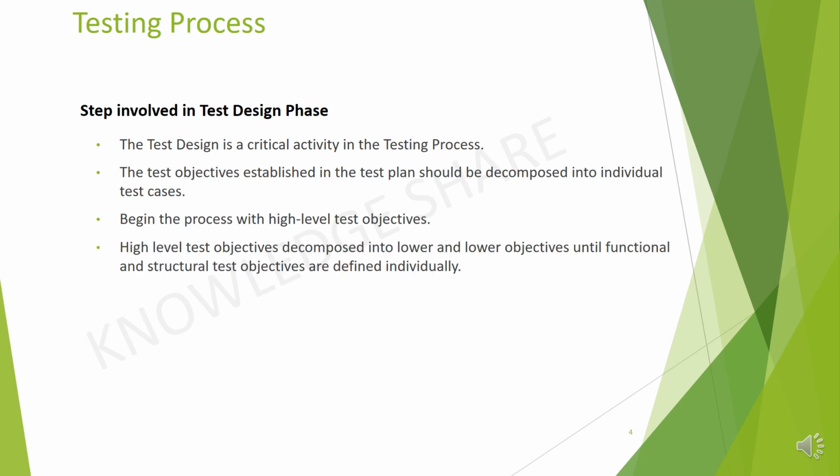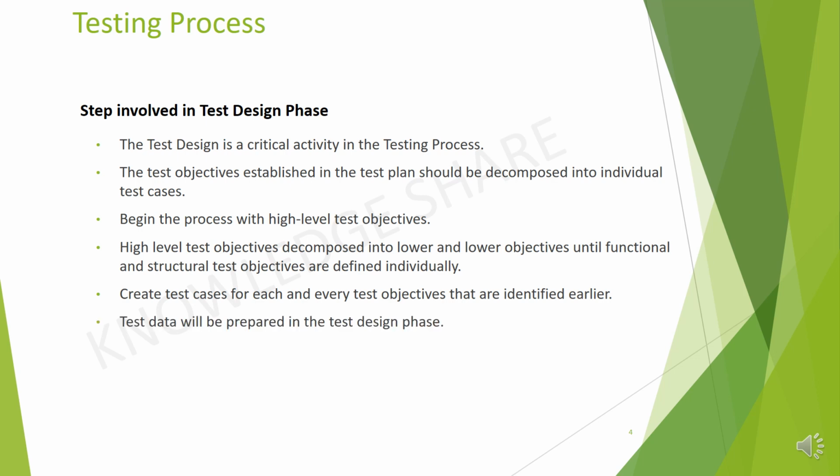Then, high level test objectives decomposed into lower and lower objectives until functional and structural test objectives are defined individually. Then, create test cases for each and every test objectives that are identified earlier.